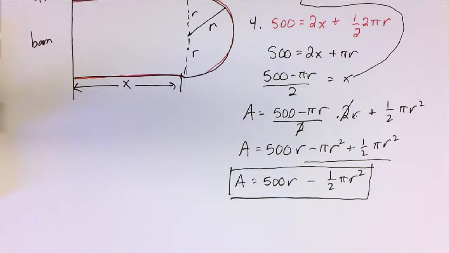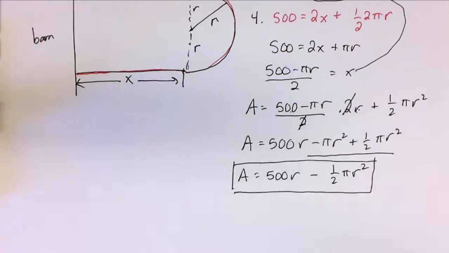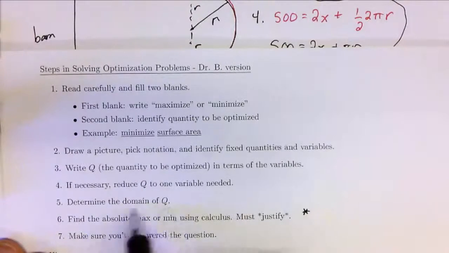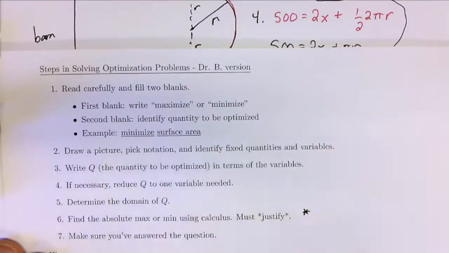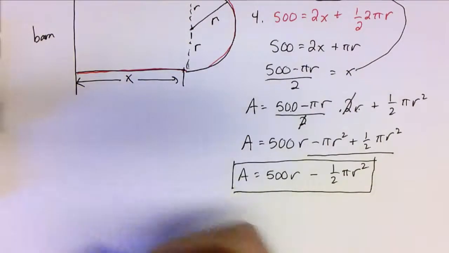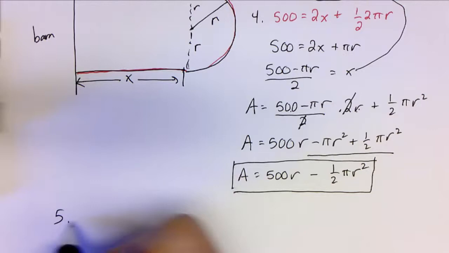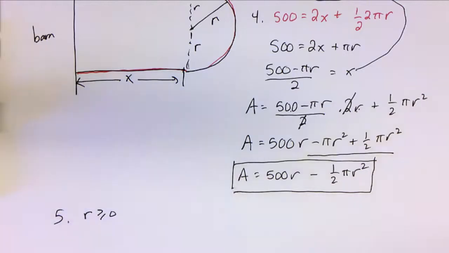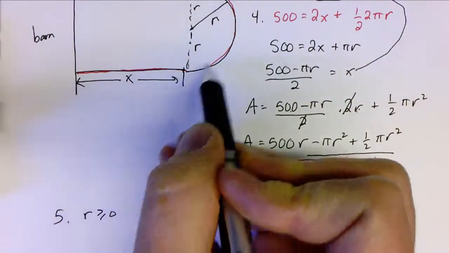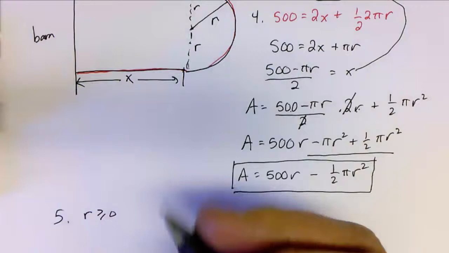What are the limits on r? The next step is to find the domain of the function I'm trying to optimize. So I need to figure out what are reasonable limits for r. r has to be greater than or equal to 0. Is there an upper bound for r? Well, sure. If you made x equal to 0, then the semicircle would be everything.